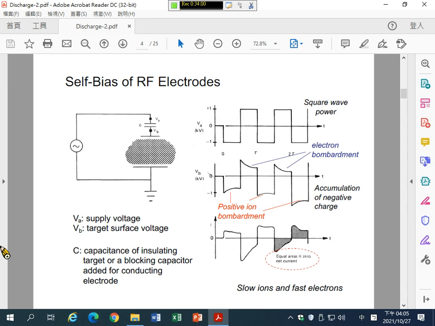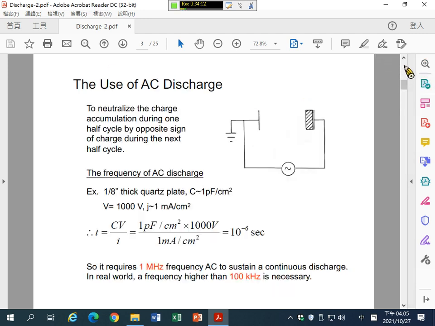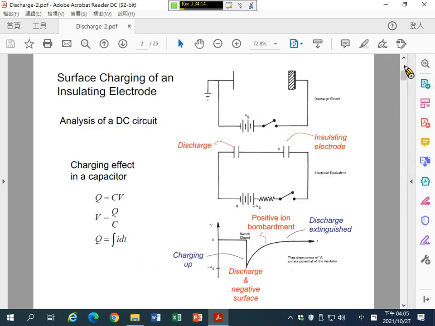But before the plasma is generated, the surface of the electrode is charged up to minus 1,000 volt, just like the figure in this slide. So the surface is charged up to minus 1,000 volt, and then the plasma is generated, and cations and electrons bombard the surface of the electrode.